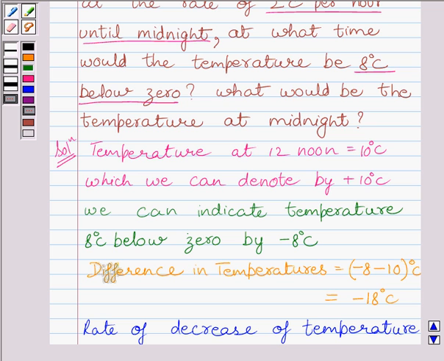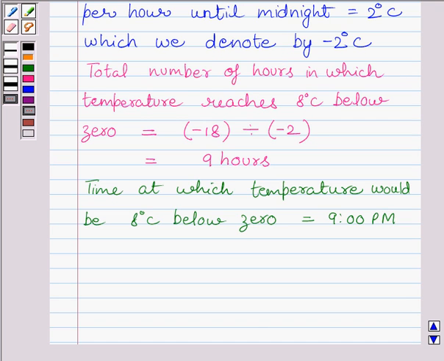Now next part of the question is, what would be the temperature at midnight? Now we know total number of hours between 12 noon and 12 midnight is equal to 12 hours.